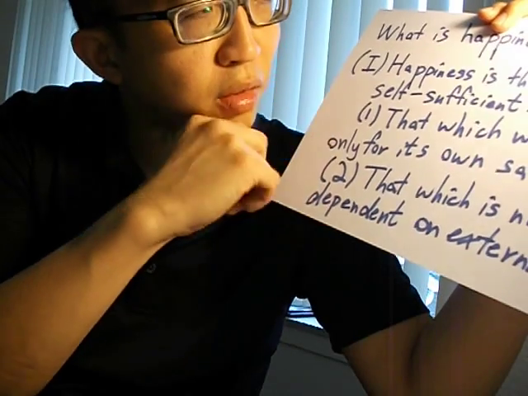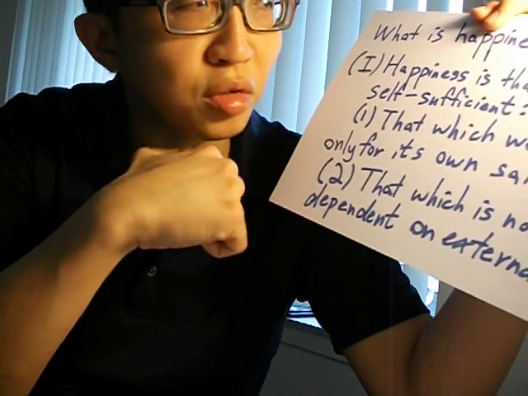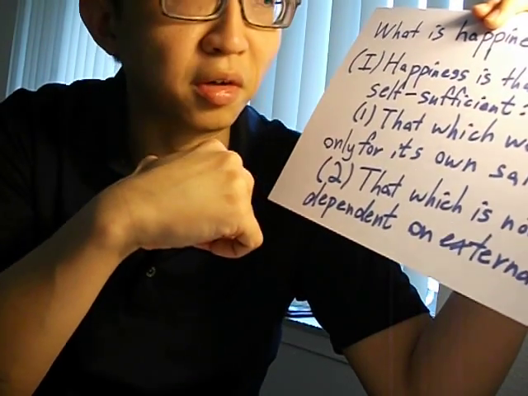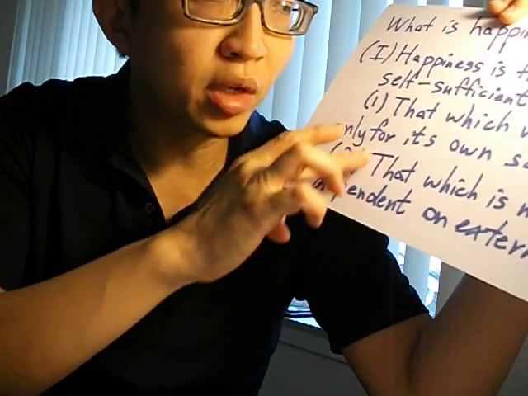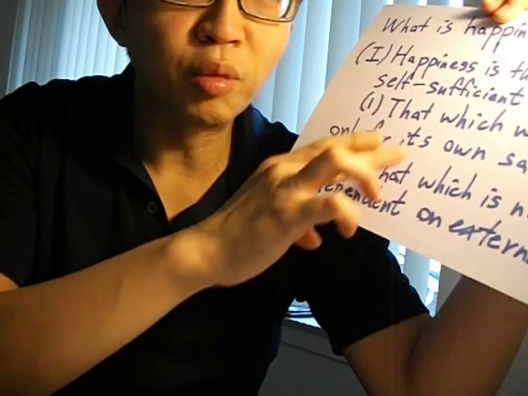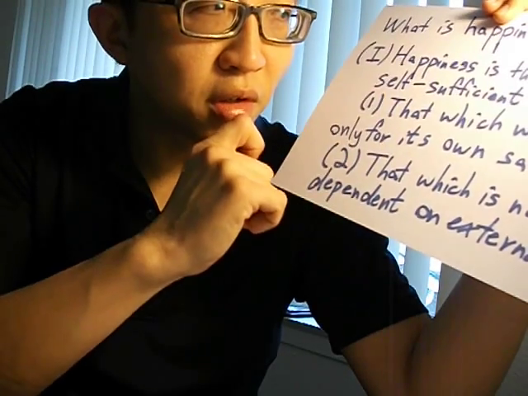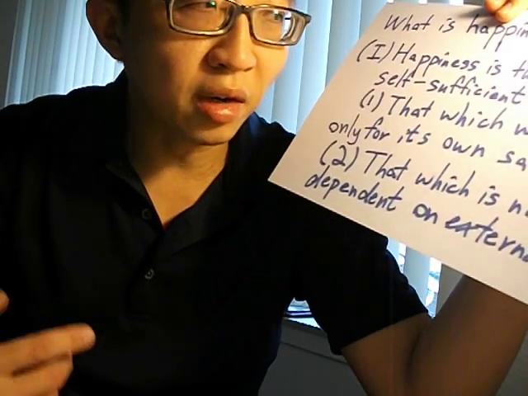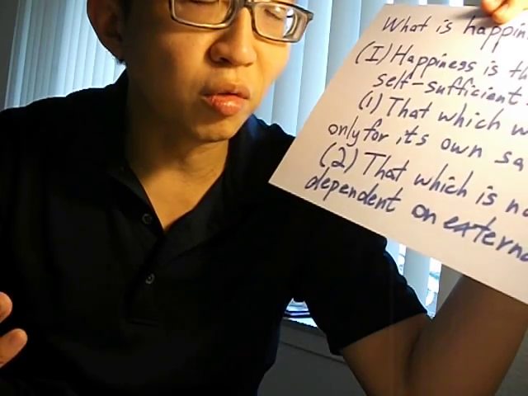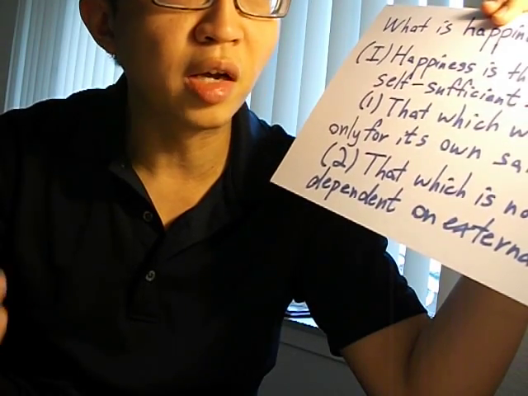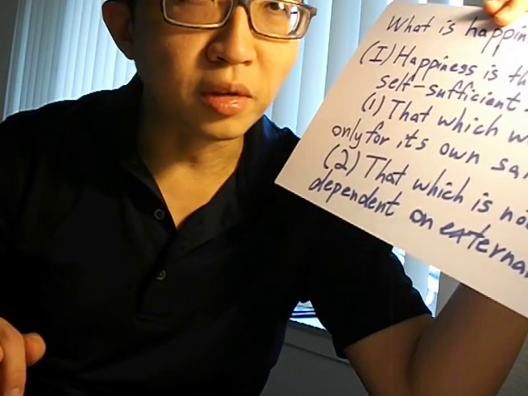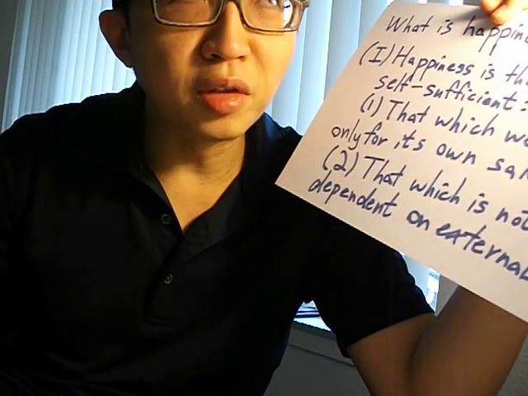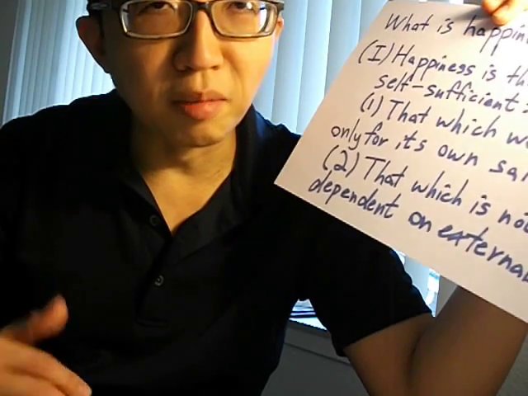So Aristotle declares that happiness is that which is self-sufficient. There are two ways to understand what is meant by self-sufficient. First, when we say that something is self-sufficient, we are saying that something is that which we desire only for its own sake. So, for example, let's take something that many of us want: money.